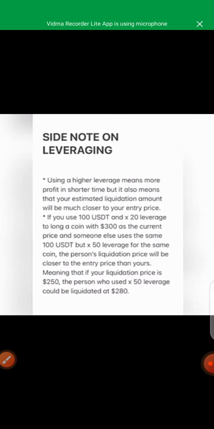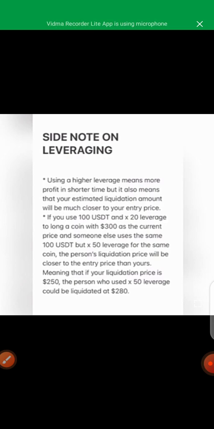The next one is leveraging. Using a high leverage means more profit in shorter time, but it also means that your estimated liquidation amount will be much closer to your entry price.